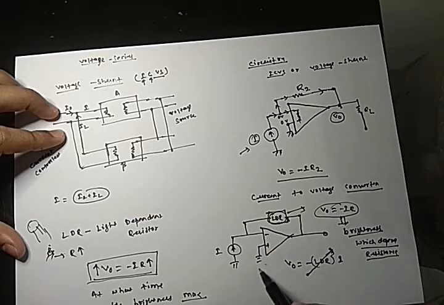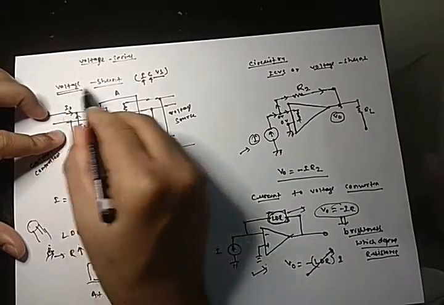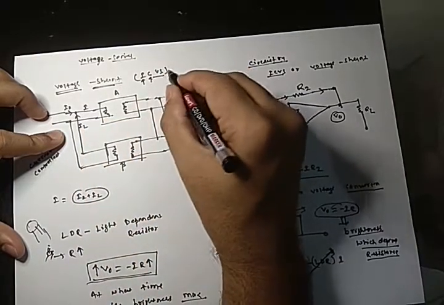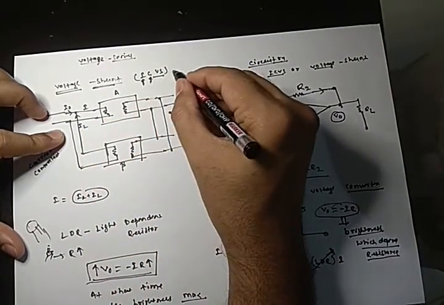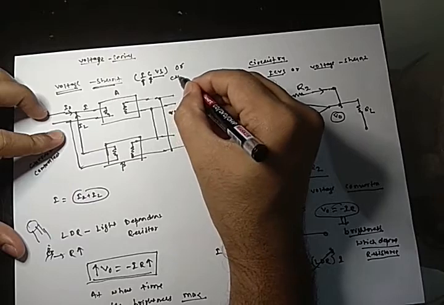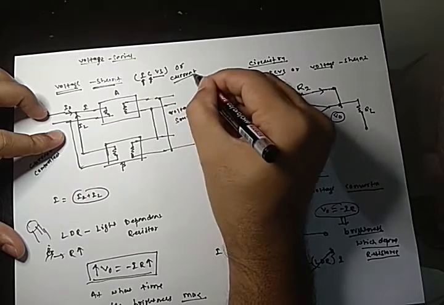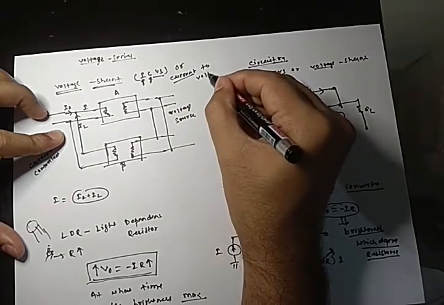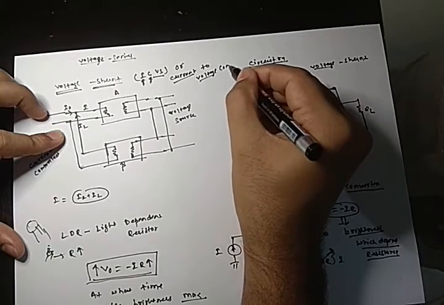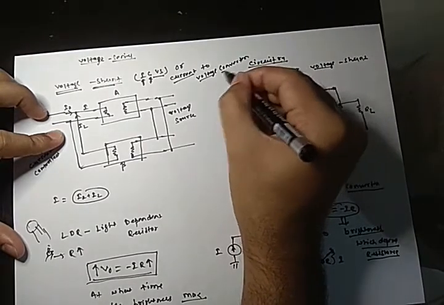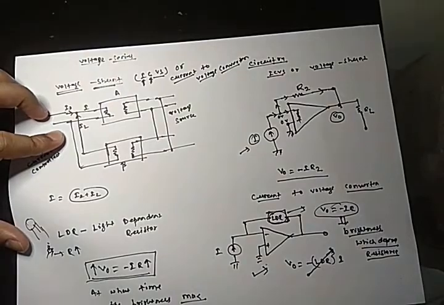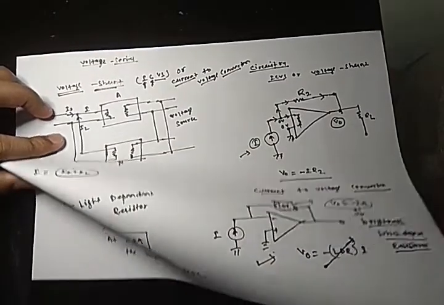So this is the circuitry that we can use. Now this voltage shunt, we could say, is a current controlled voltage source or current to voltage converter. Now we have studied two feedbacks. First one was voltage series, second one was voltage shunt.